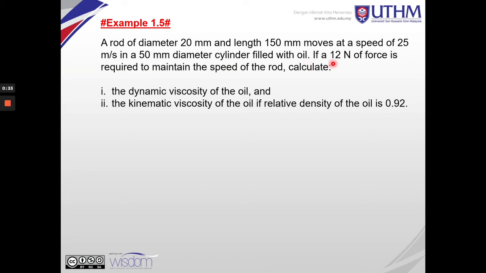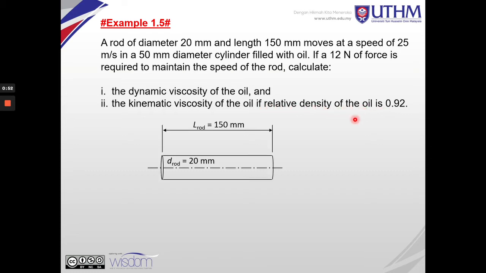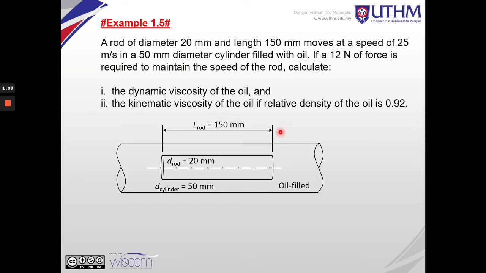If a 12 Newton force is required to maintain the speed of the rod, calculate the dynamic viscosity of the oil and kinematic viscosity of the oil if the relative density of the oil is 0.92.